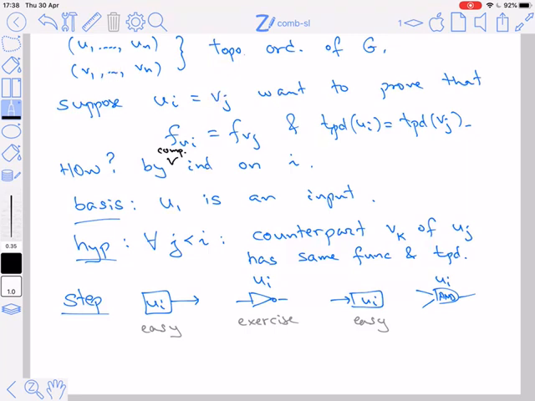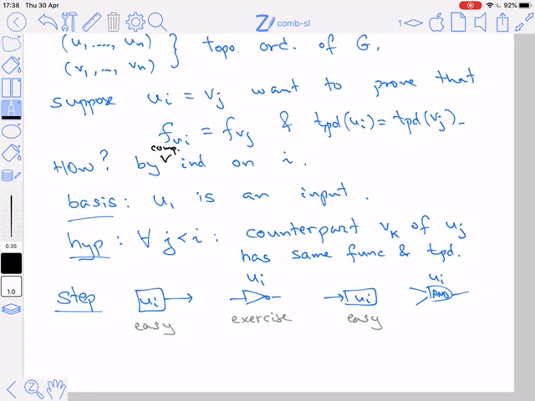And we want to prove that both executions of the simulation algorithm will assign the same functions to these vertices and the same propagation delays. How would we prove that? By complete induction on i. The induction basis: u1 has to be an input gate, and if it's an input gate, then one can easily show that in fact these functions have to be equal and the propagation delays are 0.